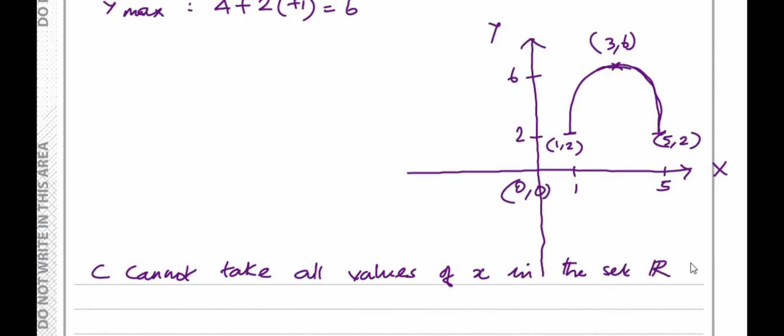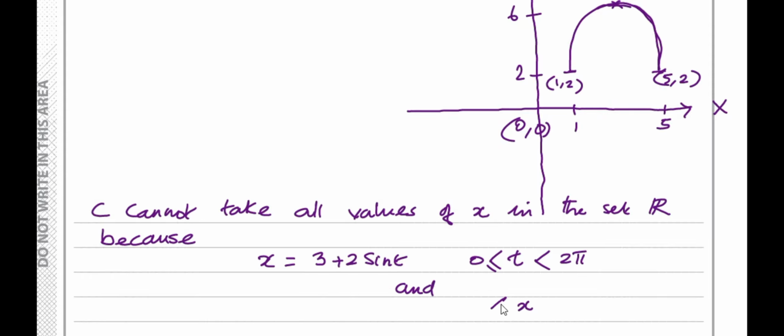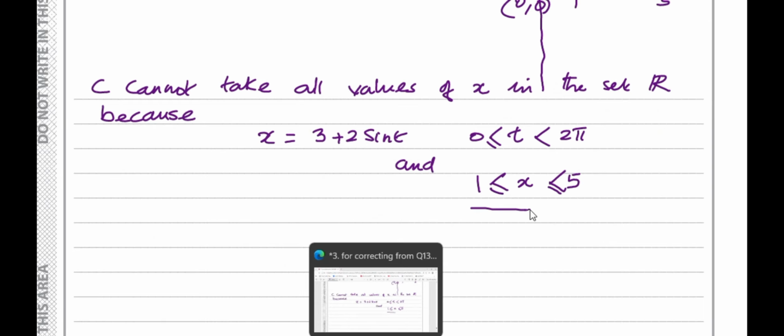It's called this because X is equal to 3 plus 2 sine t, with t being greater than or equal to 0 and less than 2 pi, and hence X is greater than or equal to 1 and less than or equal to 5. That should explain correctly why X cannot be from the real set of R for all values in C.